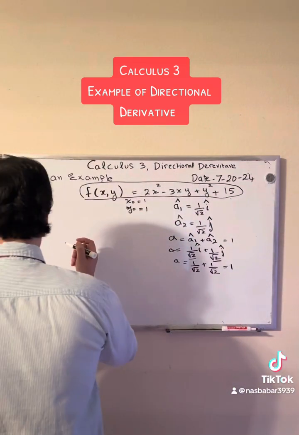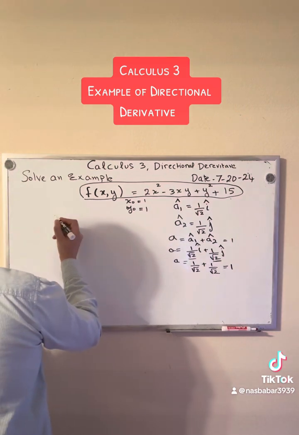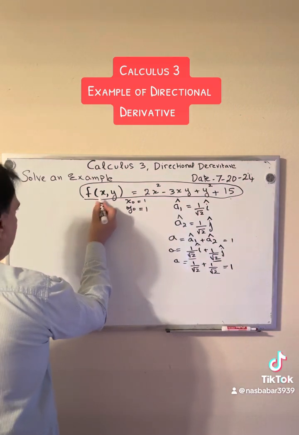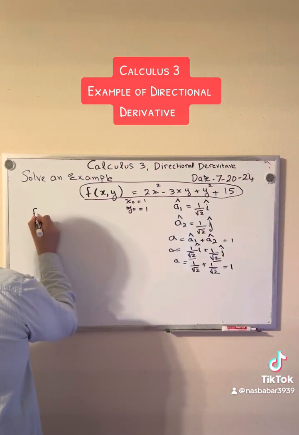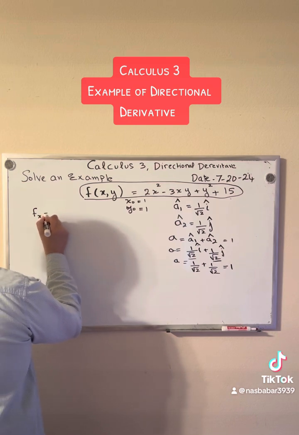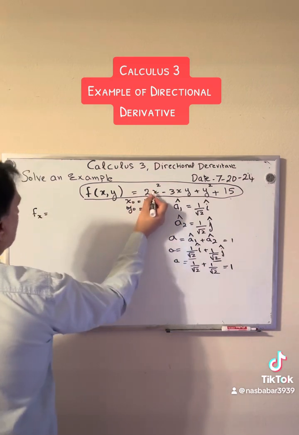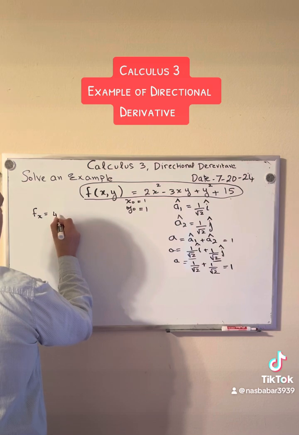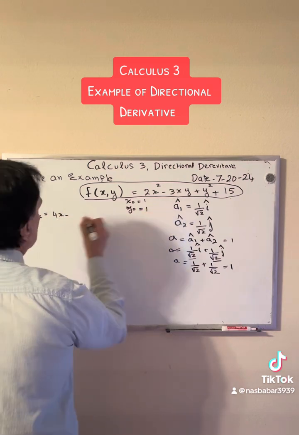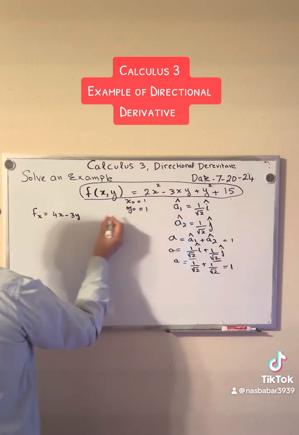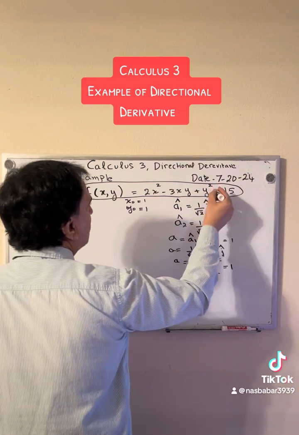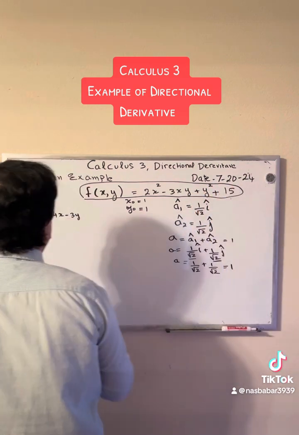So now what we've got to do is find the partial derivative with respect to just x. So f subscript x is equal to 2x squared, which gives 4x, minus 3y, and then y squared I'm going to treat as a constant, and 15 as a constant.